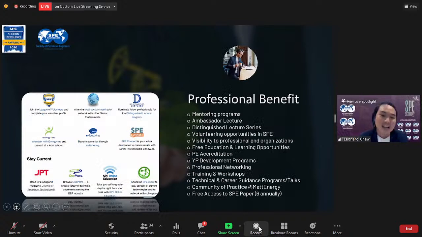To list out, on the left side, the 9 icons under the white arrow are the student benefits, and on the right side are the professional benefits. Allow me to bring you through them. For students, we get to join the League of Volunteers. We can also attend local section meetings and participate in, listen to, and learn from the Distinguished Lecturer Program.